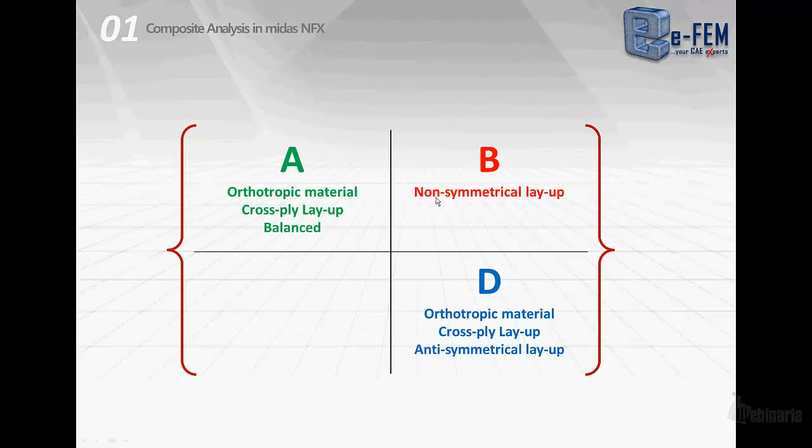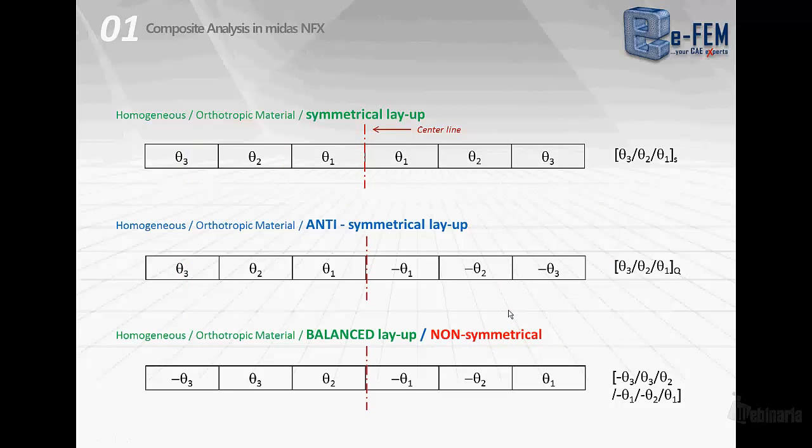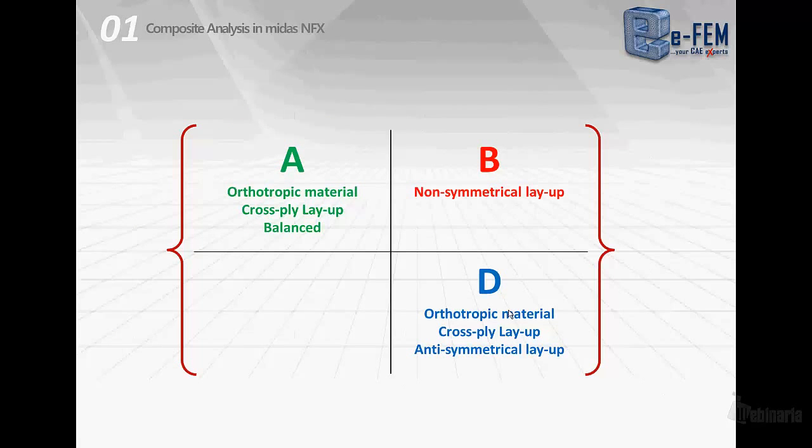In this image, we just define that when we have a non-symmetrical layup, we will have B terms non-zero in the stiffness matrix, and also when we have orthotropic material, we will have A and D terms that will be non-zero terms. We can define some particular layups in terms of what they give out in this ABD matrix.